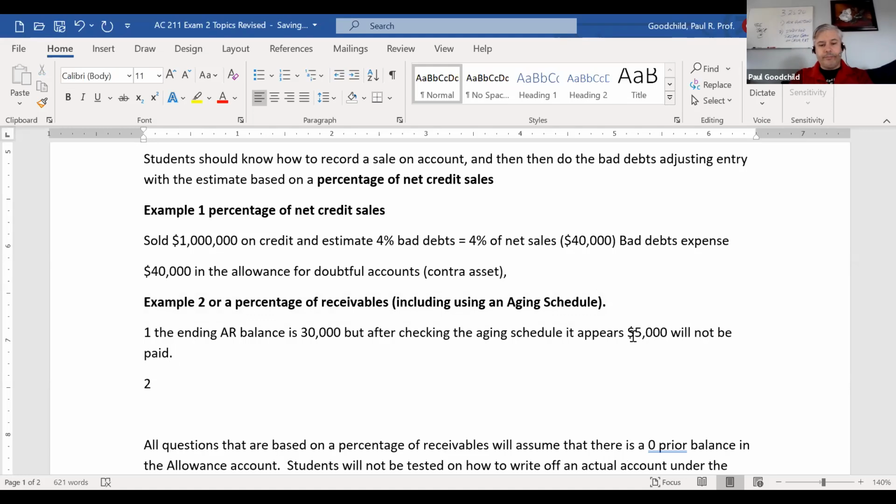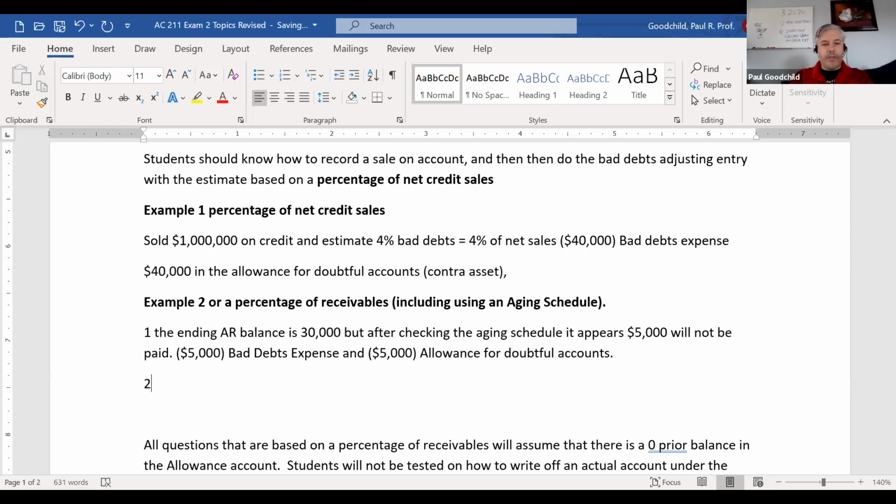And so you'd have 5,000 bad debts expense and 5,000 allowance for doubtful accounts. Okay, so that would be one part of the second one.